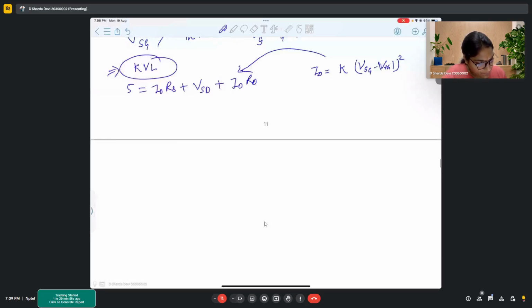VSG turns out to be 0.6799 volts. Now since VSG is greater than VTH, this is correct.